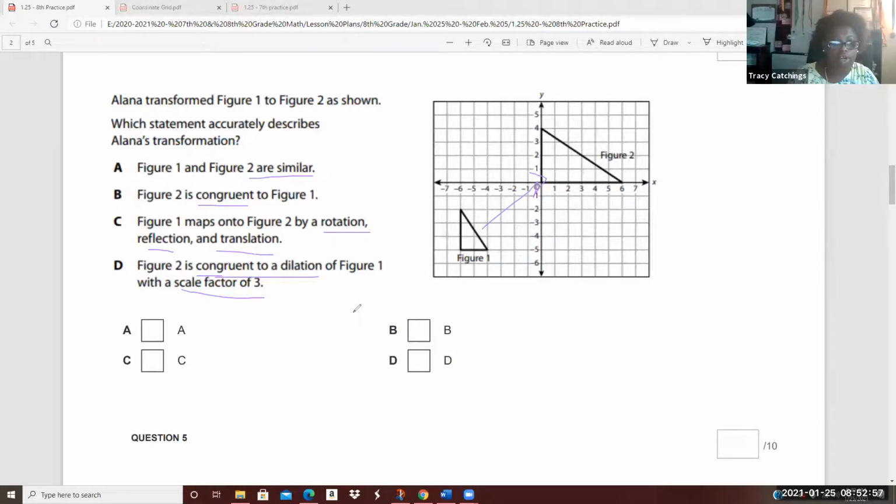It's only two words that repeat: congruent, similar. And we shouldn't be sitting here waiting on congruent and similar. All right, so if it was dilated, there you go.